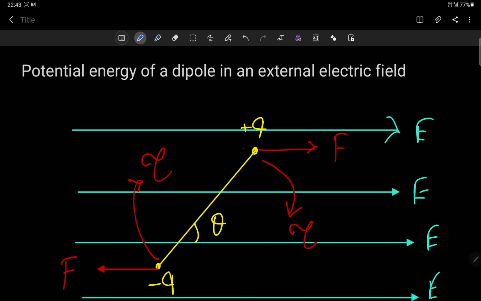So suppose we are applying an external torque in the anti-clockwise direction. Due to this torque, this dipole is rotating in the anti-clockwise direction, and suppose due to this torque, the dipole is rotating by an angle d theta.